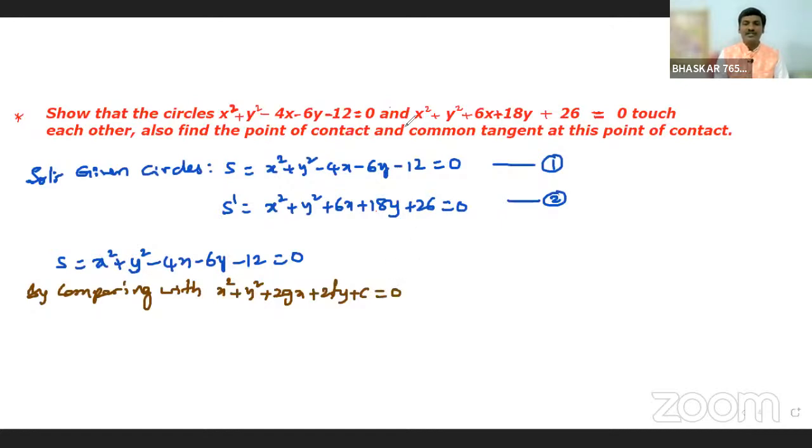What is the 2gx coefficient? Minus 4. What is the 2fy coefficient? Minus 6. And what is the constant? C is equal to minus 12.